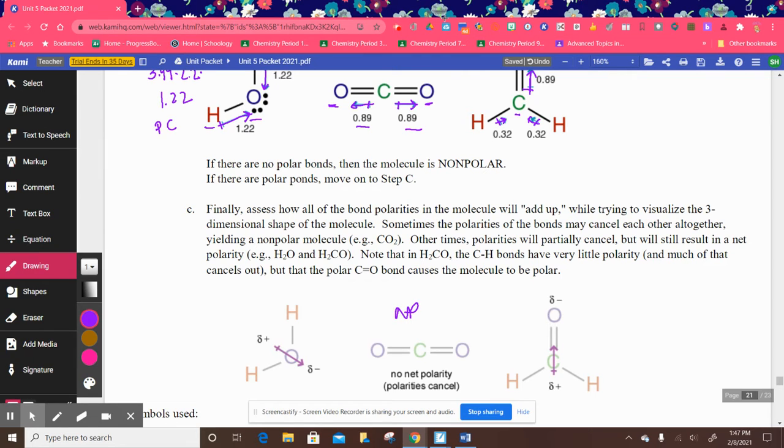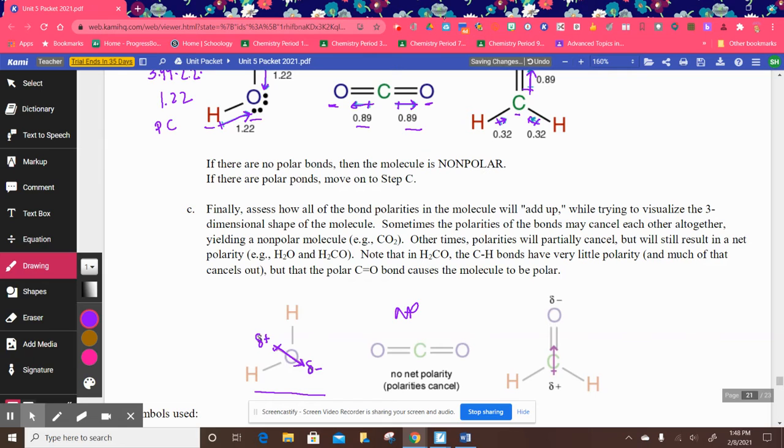There's no net polarity because the polarities cancel. If we look at the water, you'll see that the overall pull of the electrons is toward the oxygen side. So we draw what is known as a polarity vector toward the oxygen side, and then that is a partial negative and a partial positive charge.